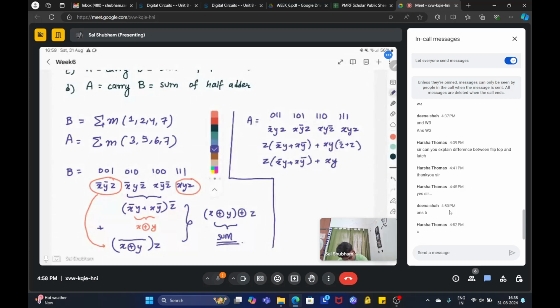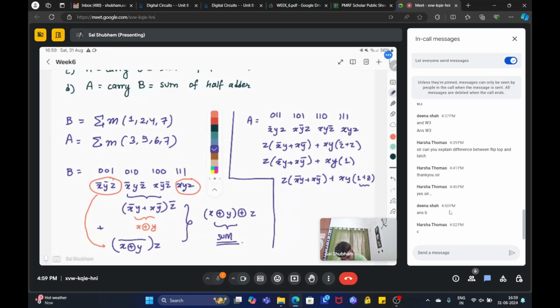X y can be written as x y times 1, which is x y times (z bar plus z). So anything added to 1 will be 1 only.